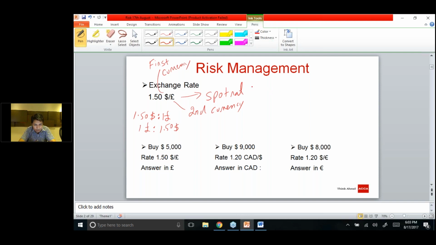Let's suppose you go to the exchange and you want to buy some currency, like $5,000. You are in the UK and you want to buy some dollars, and the exchange rate is $1.50 over pound.